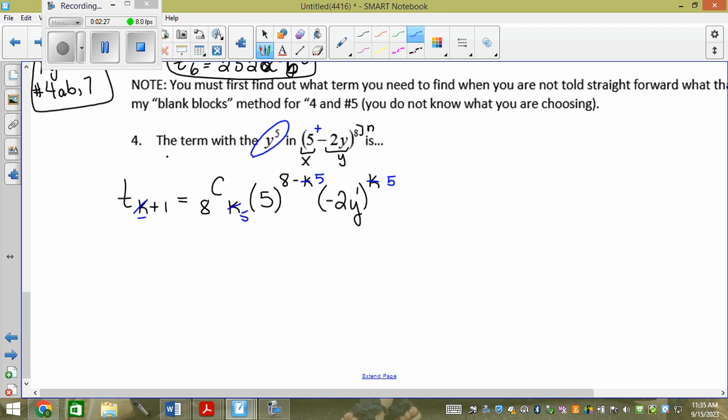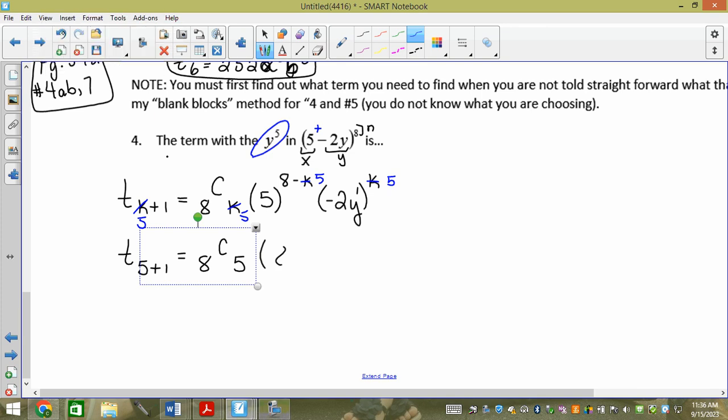So I'm going to rewrite it instead of doing this. I'm going to get t_(5+1) equals 8C5, 5 to the 3, and then negative 2y to the 5. That is not 8, that's 5.